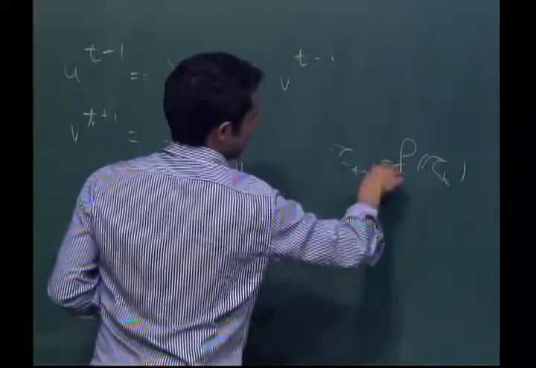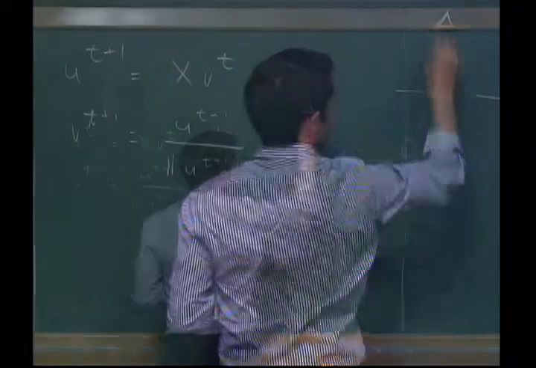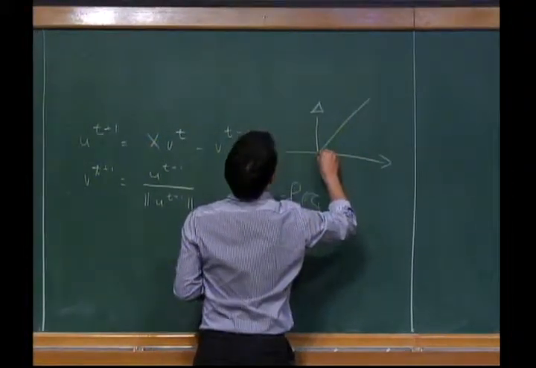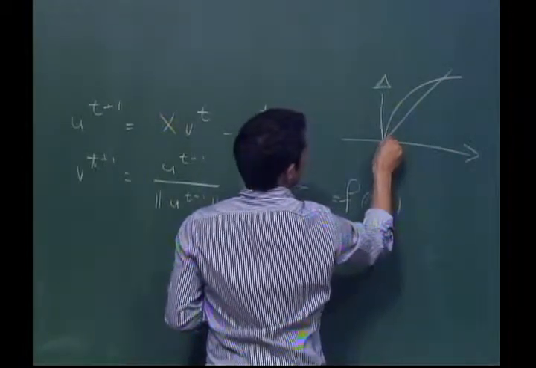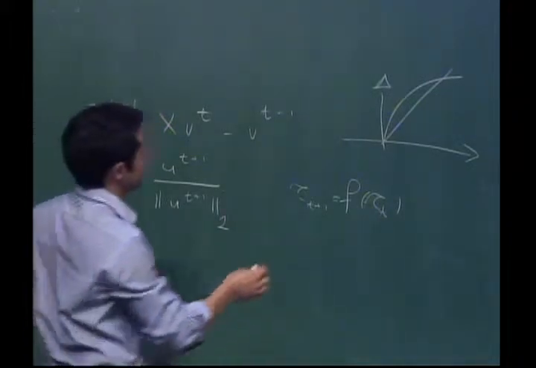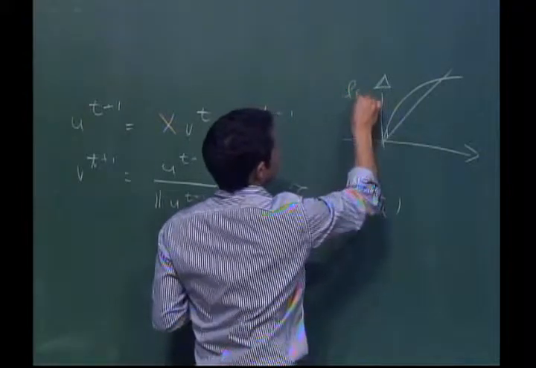The natural thing is to plot the curve of f of tau, and to do the following. You start at a point which is close to 0, because you start at a point which has an inner product with v0 that is of order 1 over square root of n. You start say here, and this is the value of f of tau.